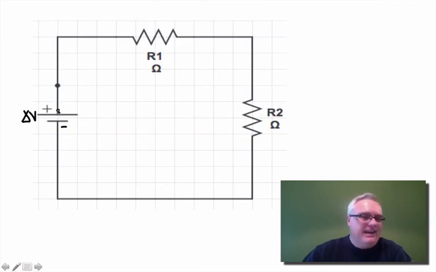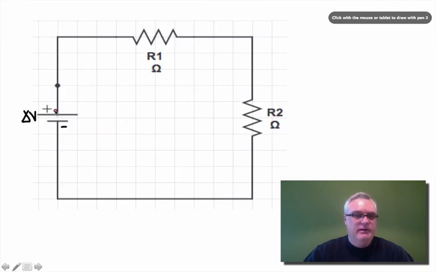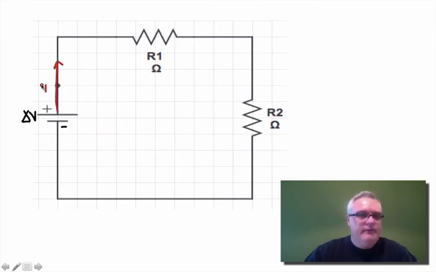We still keep that notation, even though we know that the protons themselves are not moving, that it's actually electrons going around the circuit counterclockwise. We still draw the current itself, let me draw it in a different color, going in this direction as if it was the motion of positive charge. So here's my electric current. It goes around this way, through these resistors, and then back to the battery.